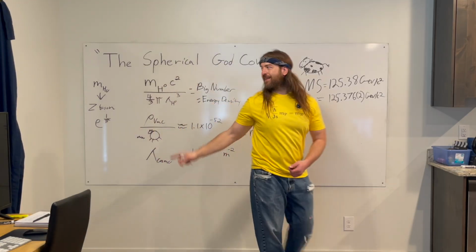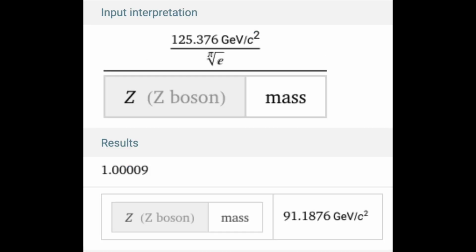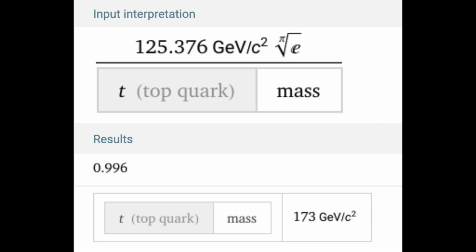And I forget if I either need to multiply or divide by that, but that coincidentally gets you to the Z boson within 1 standard deviation of error bars, as well as it fits the more recent measurements of the top quark pretty well. And I have no idea if that's a thing.